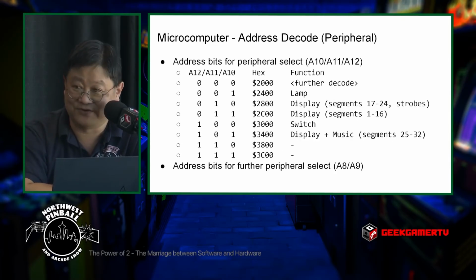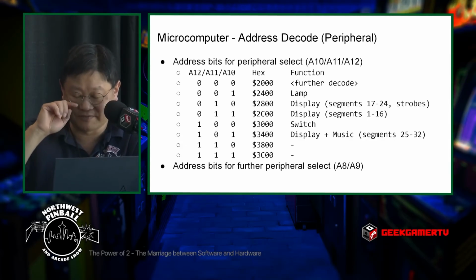So you can go one step further if you want, and you can go to the next 3 bits, A12, A11, and A10, and you can draw up, I guess you'd call it a truth table, a matrix table of the bit patterns, 0s and 1s, and you can compute the hex address based on where it's located at 2000. And if you look at the schematic and you look at the bits and which signals go where, you'll find that those signals tie to those hex addresses and they tie to those peripherals that you see.